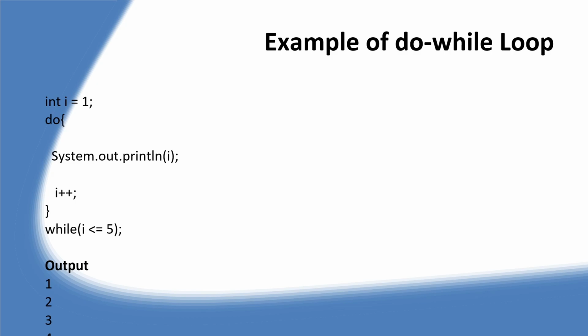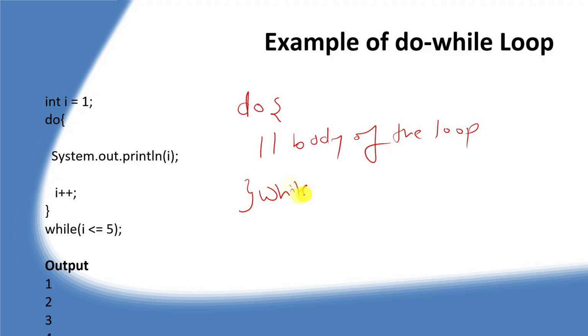So the syntax of do-while will have do, the body of the loop, and while with the condition.